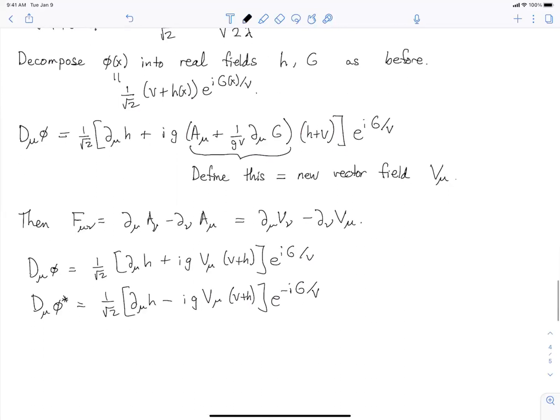Okay, so as I mentioned before, when I multiply these together, this and this are just going to cancel and give 1.